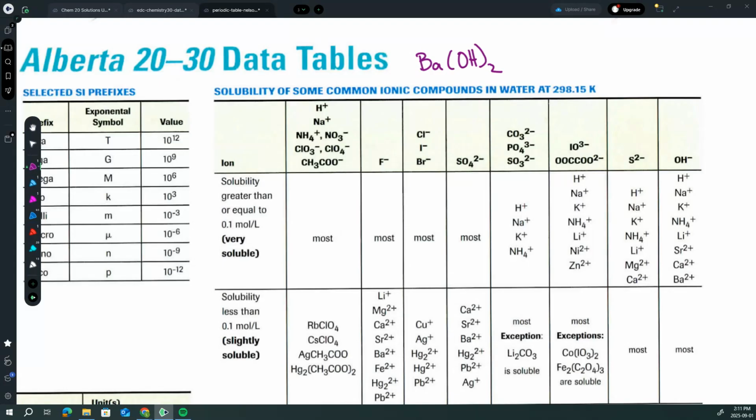My anion is going to be hydroxide, which I can find right here. Now, I'm going to trace my finger down, and I'm just going to see, okay, where is barium? Now, barium is right here, so it is very soluble in water. So where I'm getting very soluble is by looking over here. Okay, so that means when we put barium hydroxide in water, it's going to dissolve.